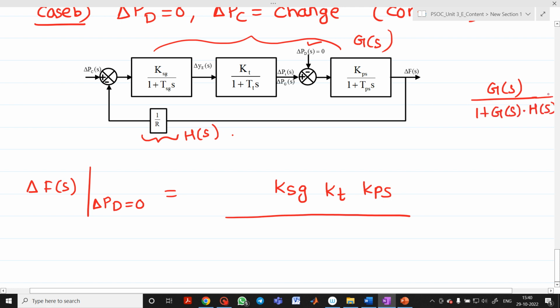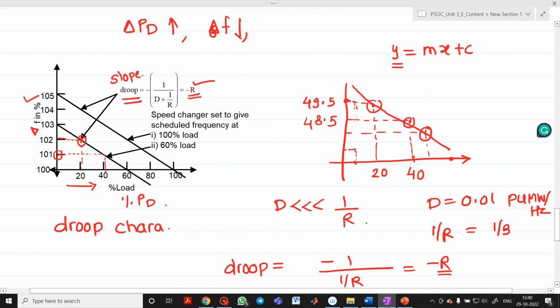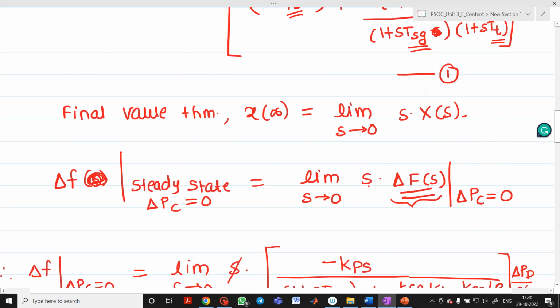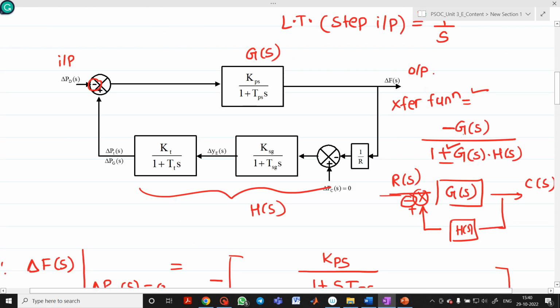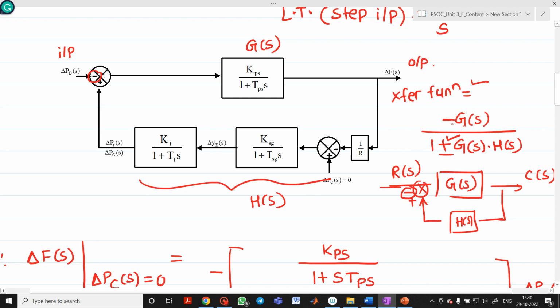Here the feedback is negative and the input is positive, that's why it is a plus. In the previous case, the input was negative, that's why that was negative. But here the feedback is positive, so you will get it as a plus.